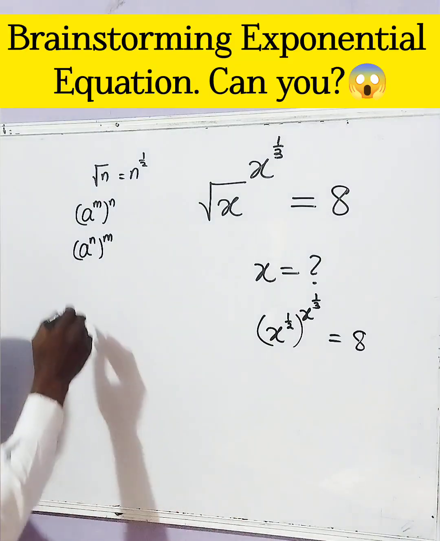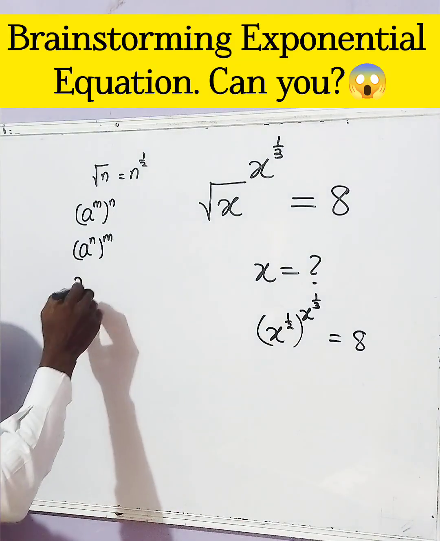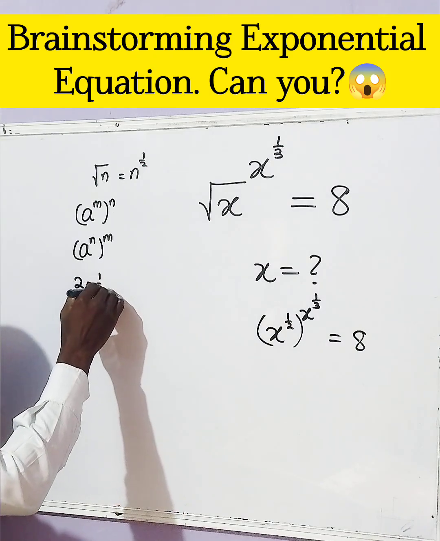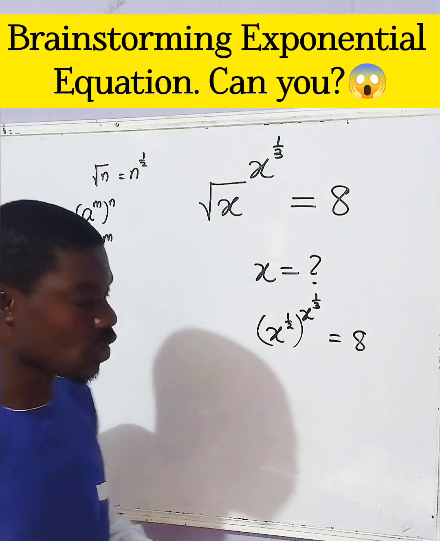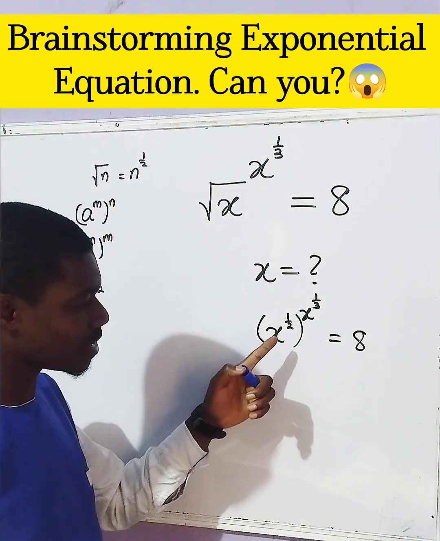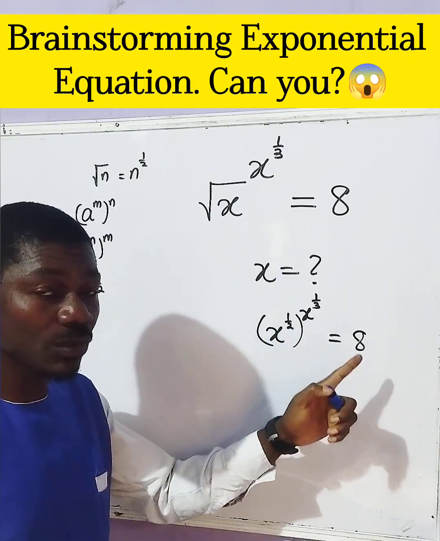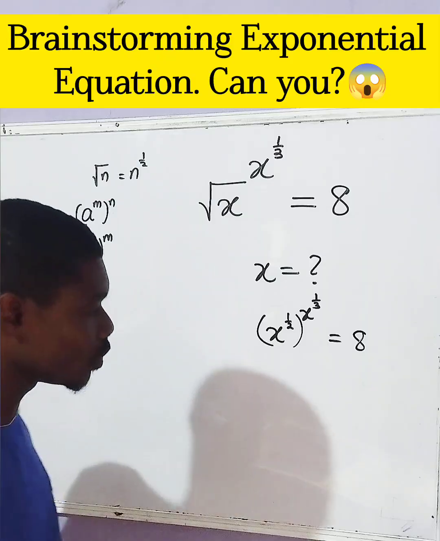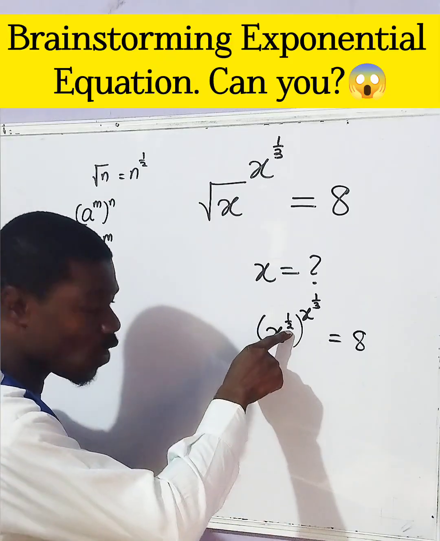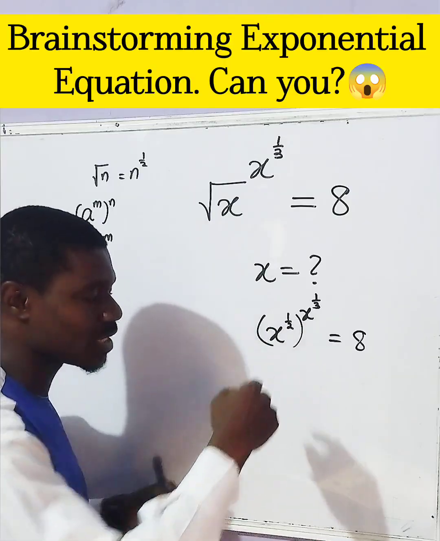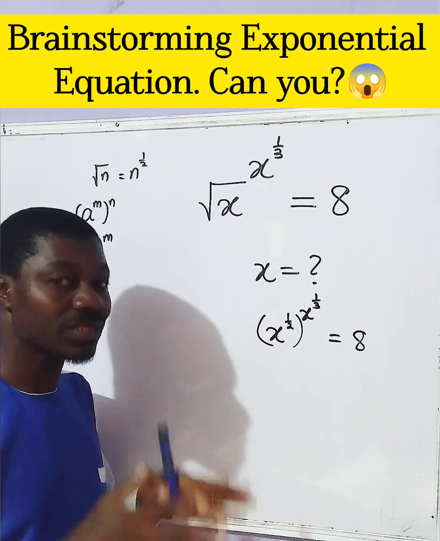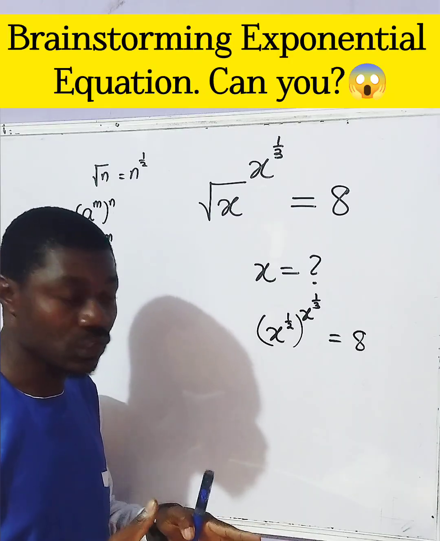So if I have 2 here, the reciprocal of 2 is 1 over 2, and the reciprocal of 1 over 2 is 2. You might want to ask why am I raising both sides of the equation by 2? This is to help me clear off this half, so that the whole of the left hand side will look simpler to resolve.